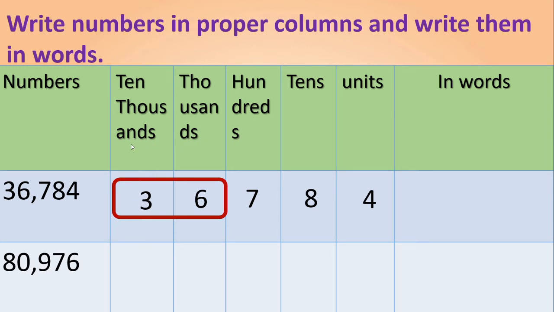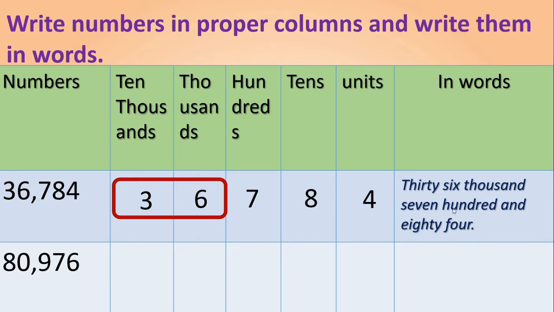So 30 plus 6 together make 36. So while writing, we write 36,784 like this. Please see here, 36,784. Okay, this you must do.